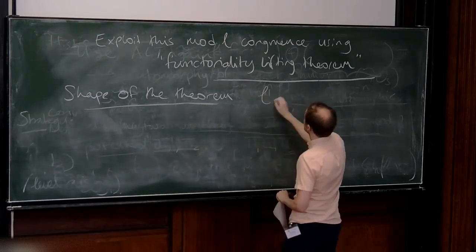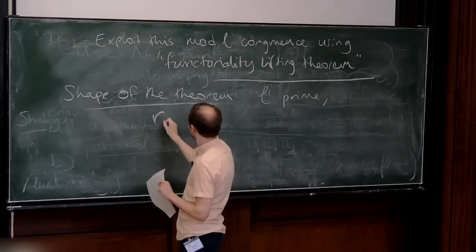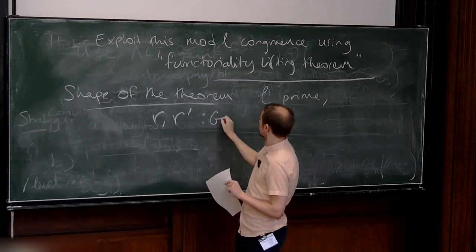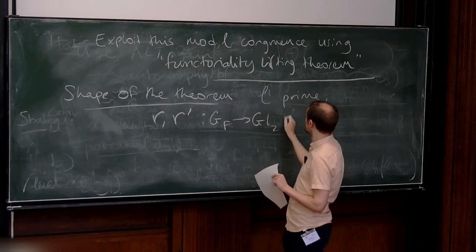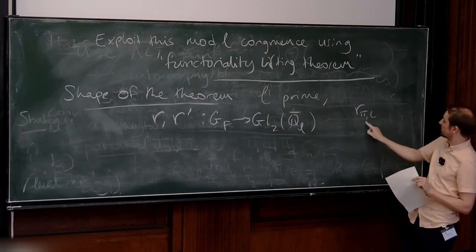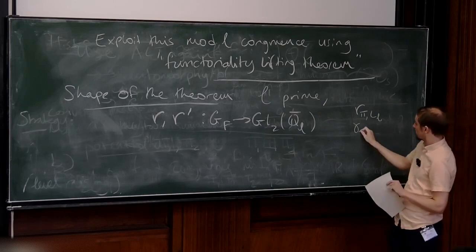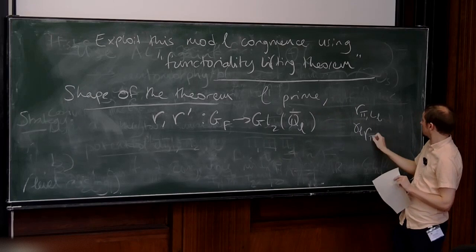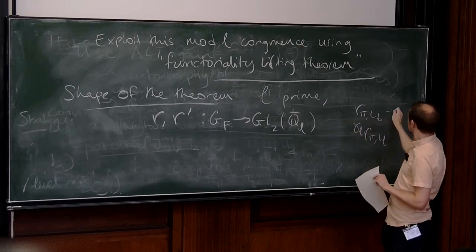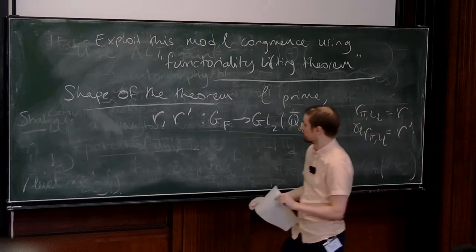So I'm going to have a prime L. I'm going to have two-dimensional elliptic representations, R and R primed. So in the application, these will be R pi iota and R pi iota L, an elliptic representation. And then we also have this twist by gamma L of R pi iota L. Those will be R and R prime respectively in the application.